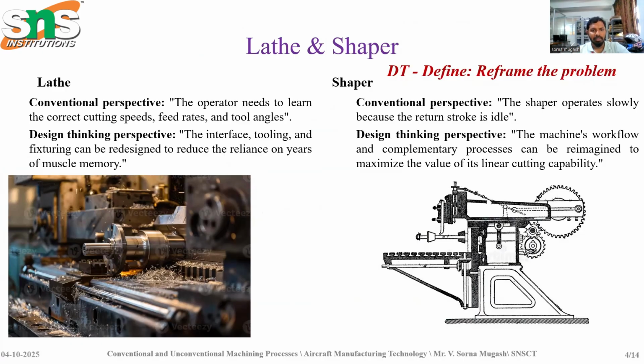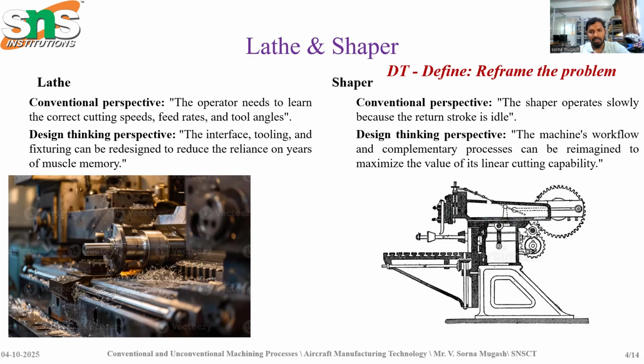So, shifting perspectives: in conventional lathe work, operators must master cutting speeds, feed rates, and tool angles through years of practice. Through design thinking, we reframe it as redesigning interfaces, tooling, and fixturing to ease the muscle memory burden.